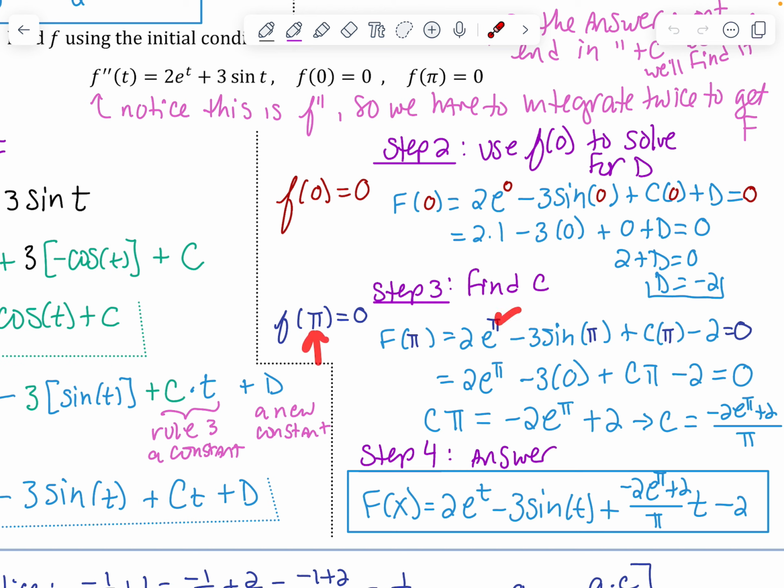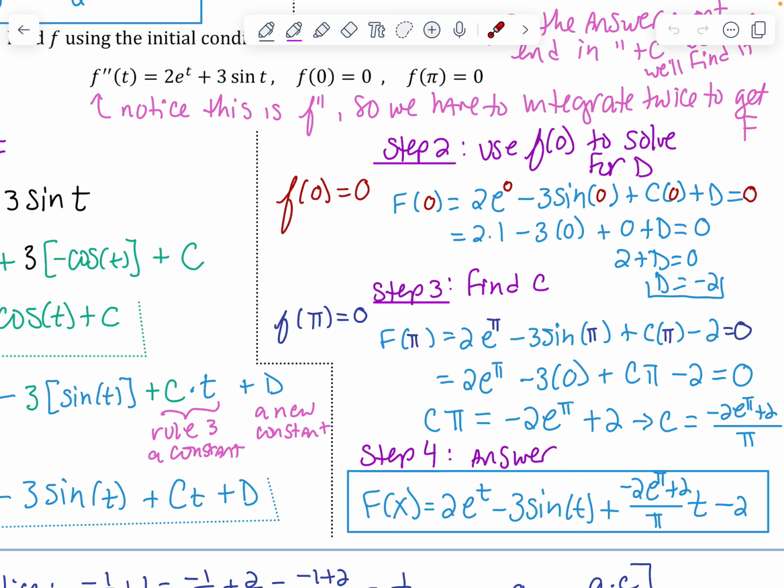Now I'm going to use the second piece of information, that if pi was my input, and wherever t was, I put pi, I'm going to set this equal, well, in this case, they told me to 0. So I can't simplify e to the pi. I do know that the sine of pi is 0, and negative 3 times 0 is gone. I can't simplify c times pi, and that constant of minus 2 stays there. Remember, pi is not a variable, only c is a variable. So I'm trying to solve for c by subtracting the 2e to the pi over.